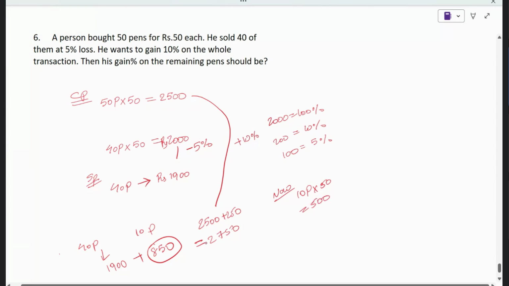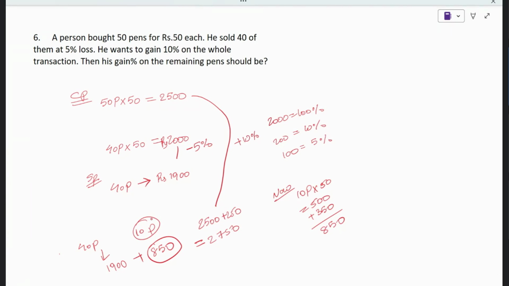That means he needs how many rupees more? 350 rupees more, to get 850 rupees from the 10 pens. So he has 10 pens remaining, and he will have to raise the price. What percent increase is needed? That is what the question is asking.